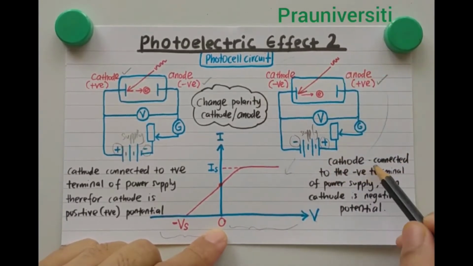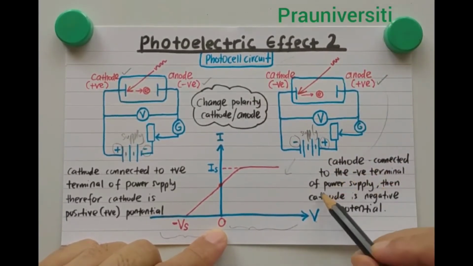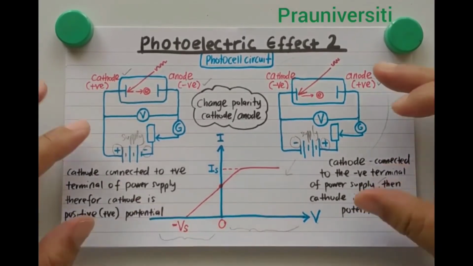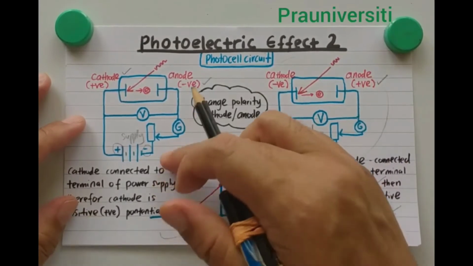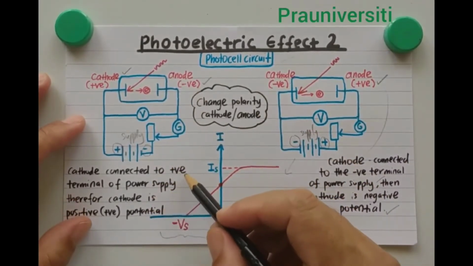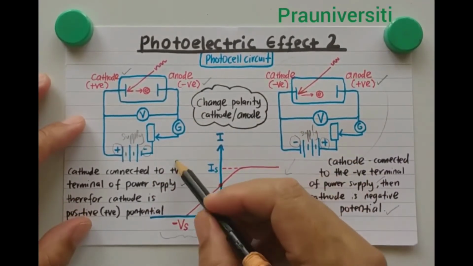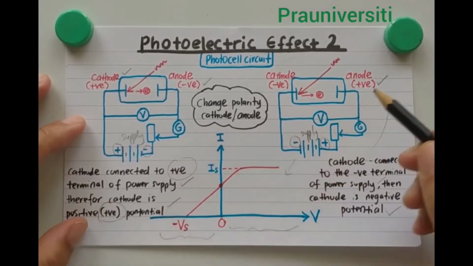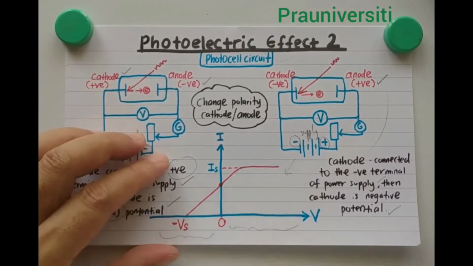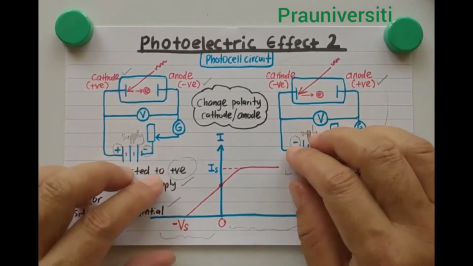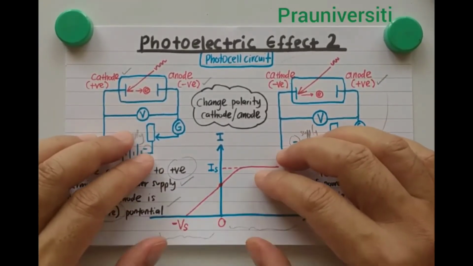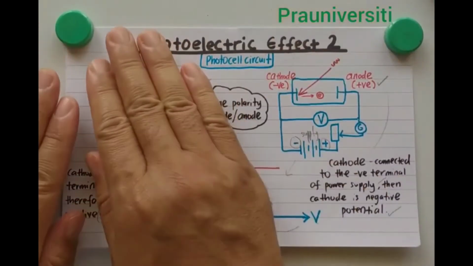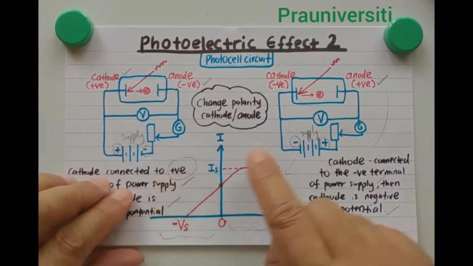The cathode is connected to the negative terminal of the power supply, then the cathode is the negative potential. And here the cathode is connected to the positive terminal of the power supply, therefore the cathode is the positive potential. Before we continue, I just want to repeat: what is the difference between this graph and this graph?